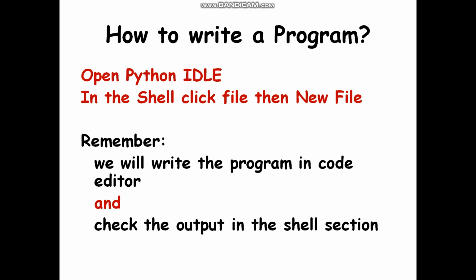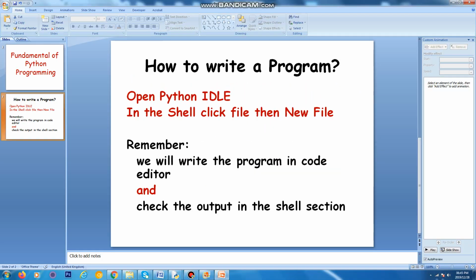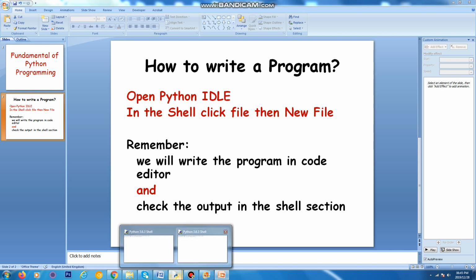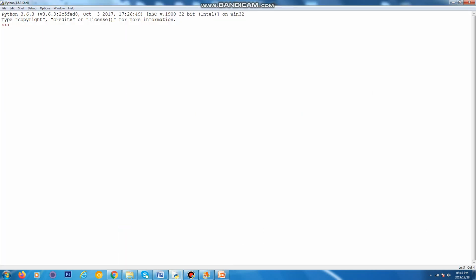What do I mean by that? Now I'll go through it. If you're struggling, just pause this video and take notes from this slide. You just need two or three steps, and then we'll be ready to go. As I said, you're going to open up the Python IDLE. I already have it open. This is called the Python shell.